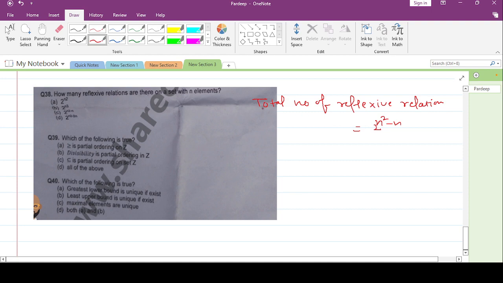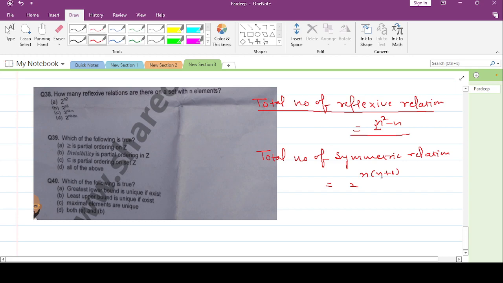This formula is used for calculating the total number of reflexive relations. Likewise, if they ask for the total number of symmetric relations, then the formula is 2 raised to the power n into n plus 1 divided by 2.